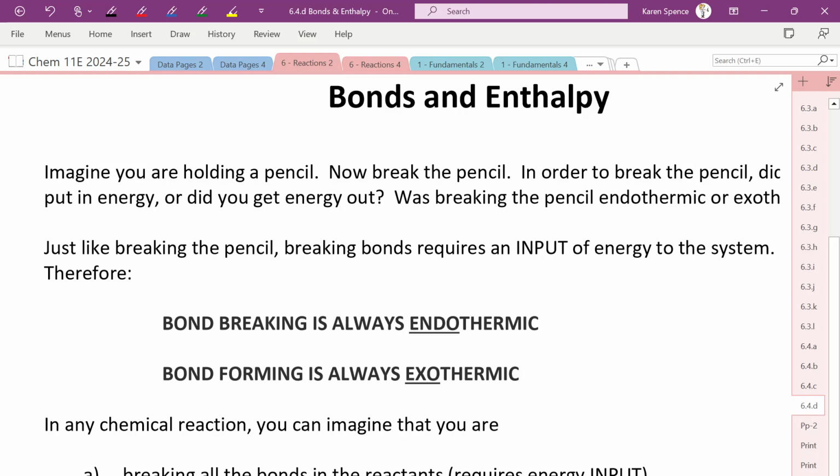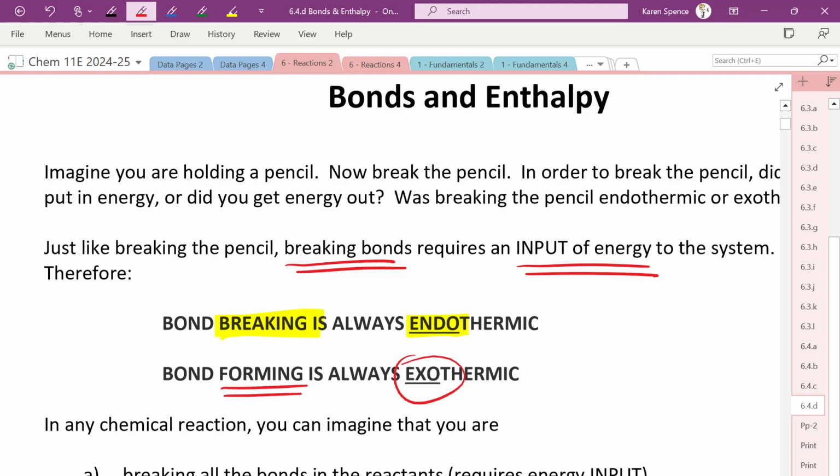Therefore, bond breaking is always an endothermic process, okay? Breaking bonds always requires an input of energy. So bond breaking is always endothermic. Bond forming is always exothermic.